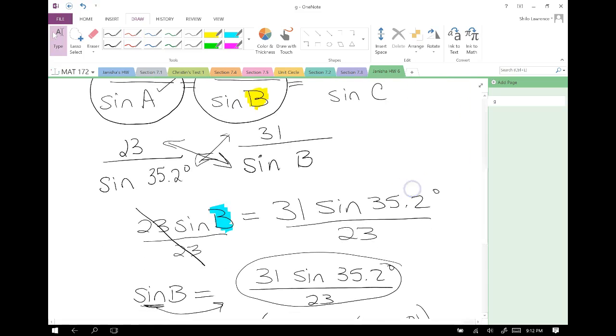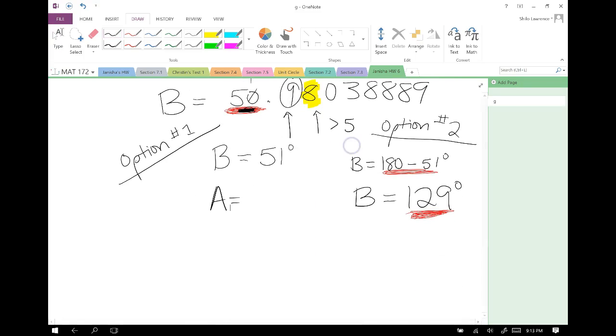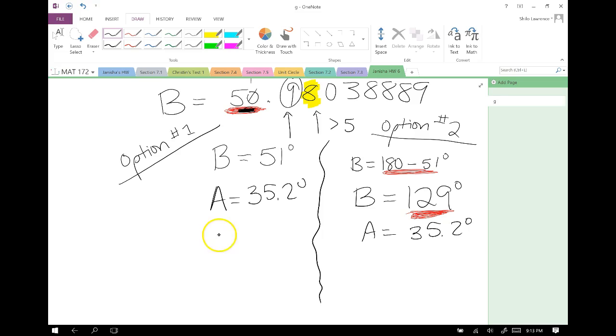So let's look for our C's also. Let me recap what we know so far. In both of these cases, we know that A is 35.2. So it has all of a sudden split into two problems. For both of these, we need to see what now is left over for angle C, because every triangle is going to have three angles that add up to 180.